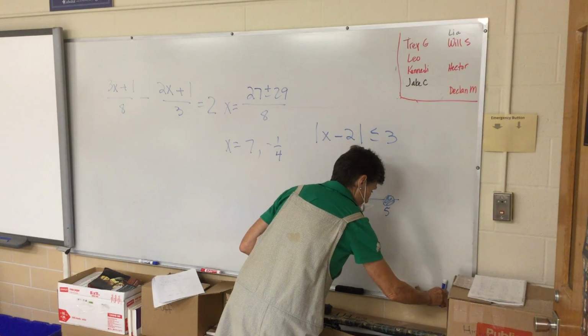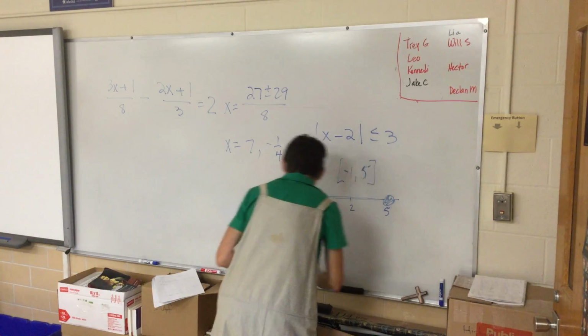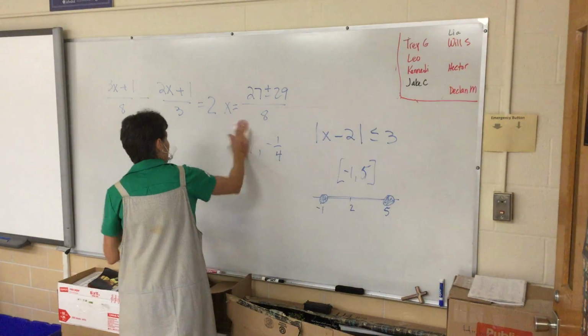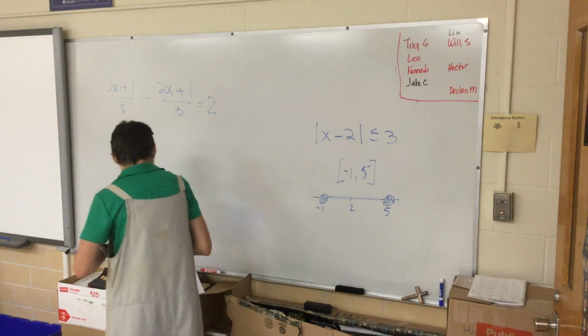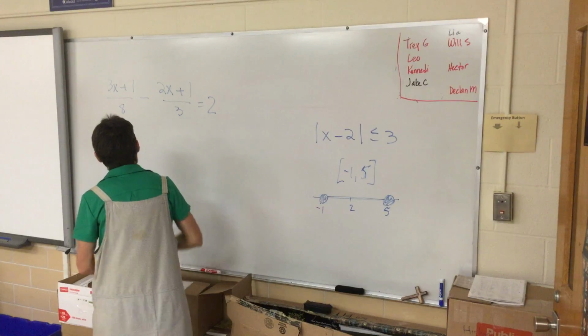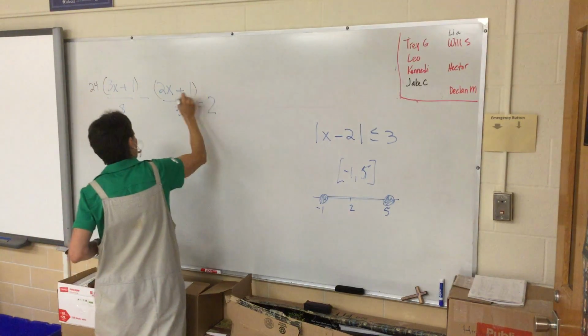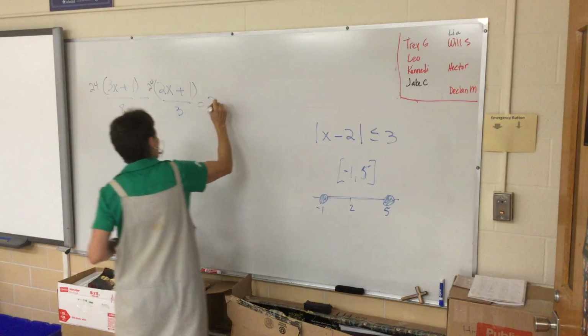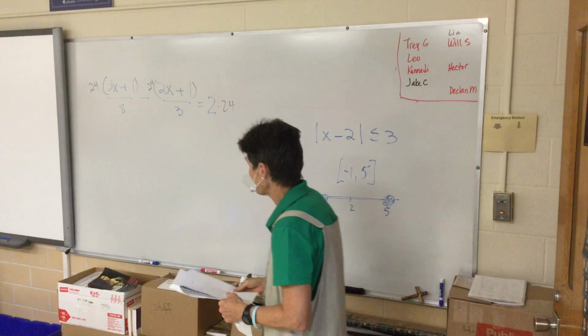So, let's see what I can come up with. So if I times by 8, or by 24, I mean, everything, don't forget this side over here, you're multiplying everything by 24.